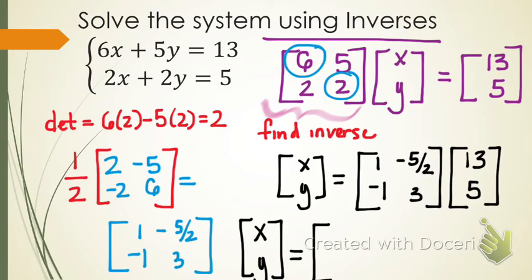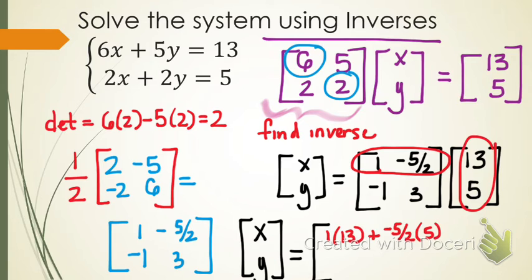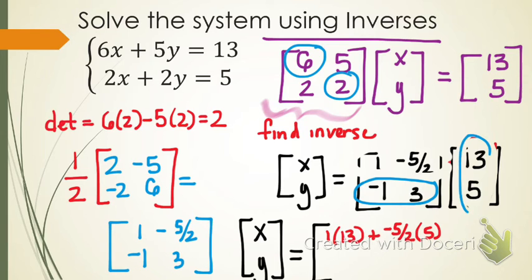So we're going to take this top row and multiply it by this column. So we have 1 times 13 plus negative 5/2 times 5. And then for our y, we're going to take this bottom row and multiply it by this column.